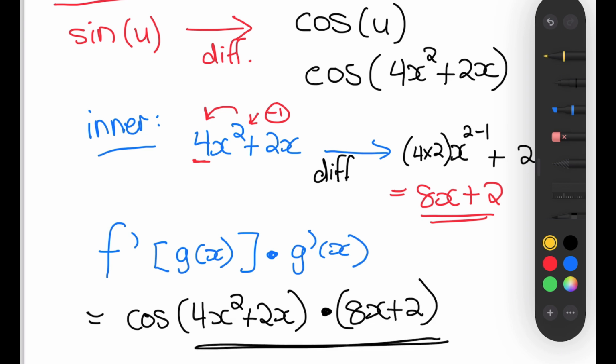And notice again, our g of x, or our inner function, has not changed when we first differentiate the outer function. It only changes once we differentiate the outer function and we multiply it.